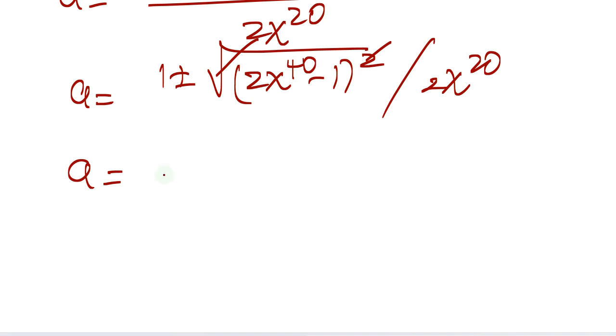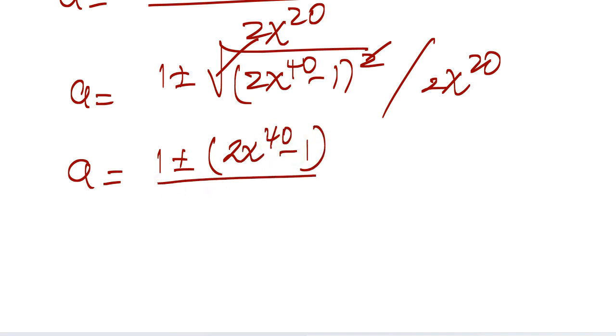So we have 1 plus or minus, oh my gosh, I wrote 2 again here, so actually this is 2x to the 40 minus 1, all divided by 2x to the 20.